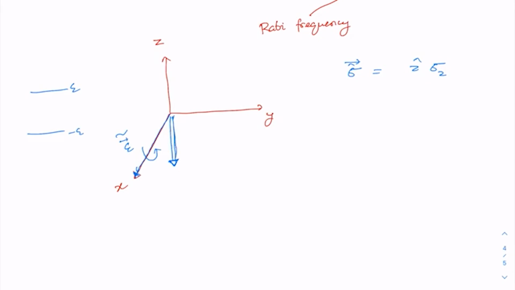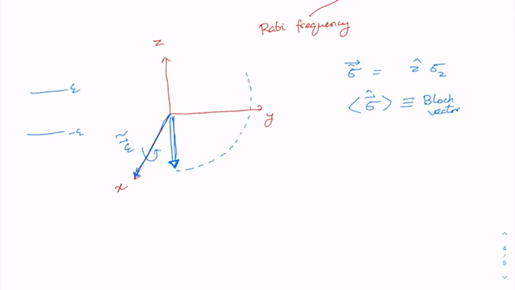It is also called the Bloch vector. We can plot only the expectation value of sigma, which we term the Bloch vector. So this Bloch vector is directed along the negative z-axis initially, and as time goes on, it will precess around this x-axis in the yz plane, and then precess in the upward direction.